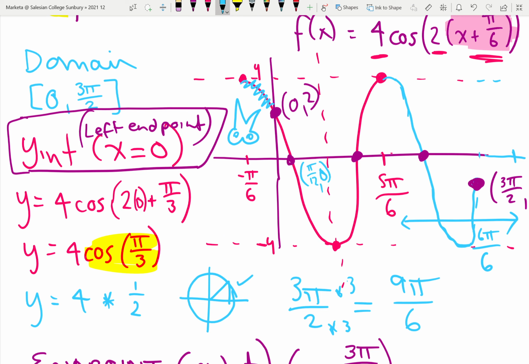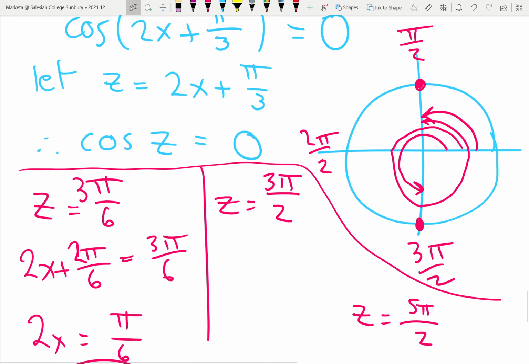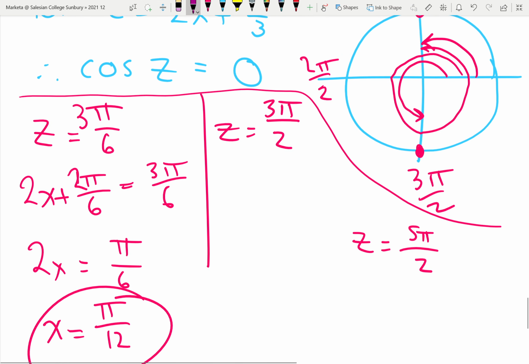And always put coordinates. They'll never say don't do coordinates, but they may say do coordinates, and if you just do a little dash, then you lose marks for that. So there's the first one. Let's go the next one, 3 pi on 2. So that means 2x plus 2 pi on 6 equals 9 pi on 6. 2 times 3 is 6, 3 times 3 is 9.